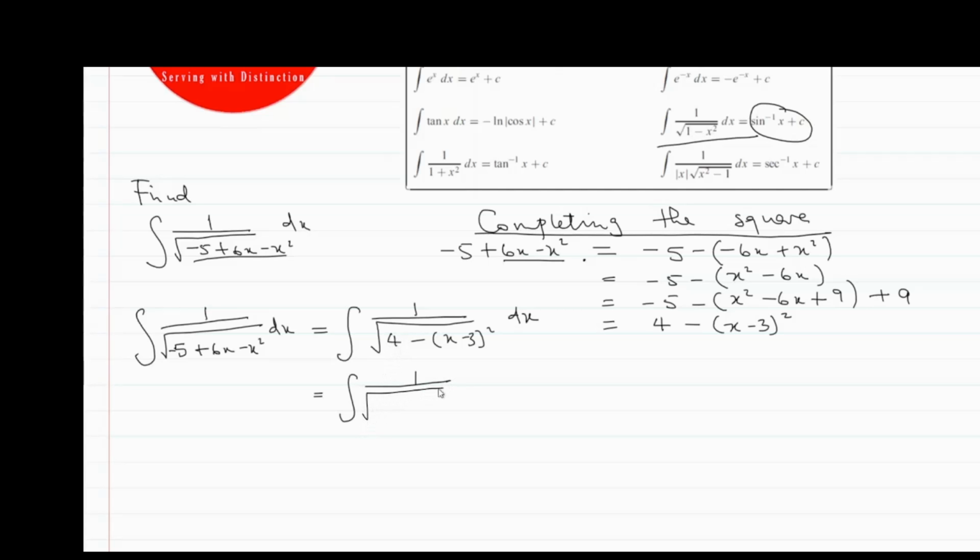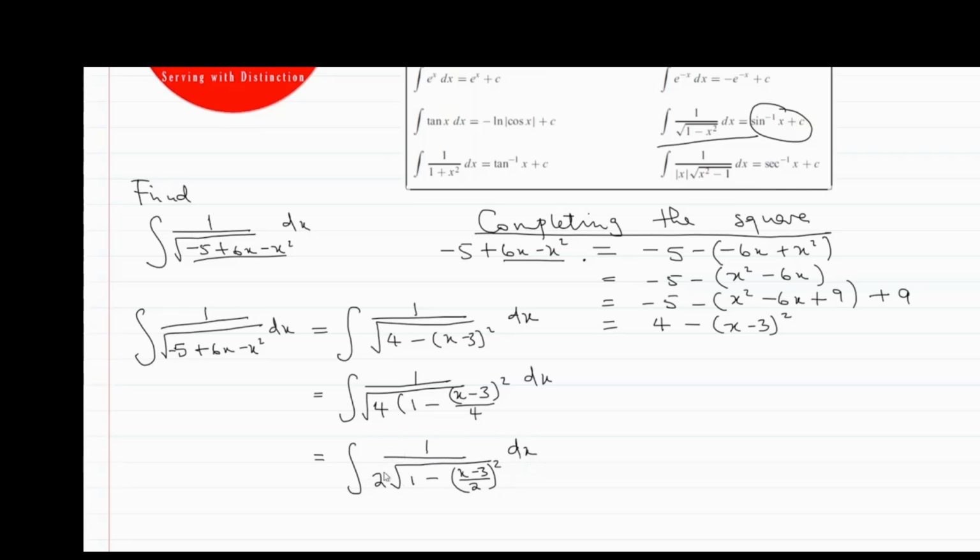So we will have 4 times (1 minus (x minus 3) squared divided by 4), and we are integrating with respect to x. Simplifying this further, the square root of 4 is 2. So we have 1 over 2 times the root of 1 minus ((x minus 3) over 2) squared.